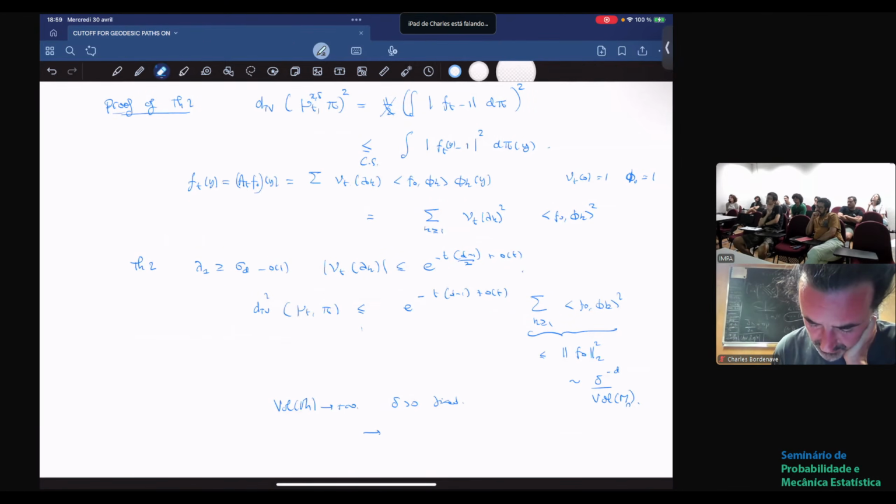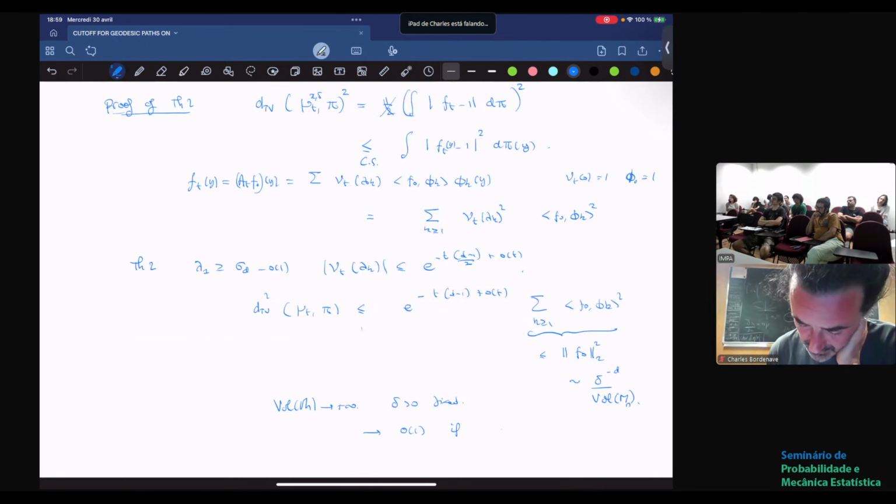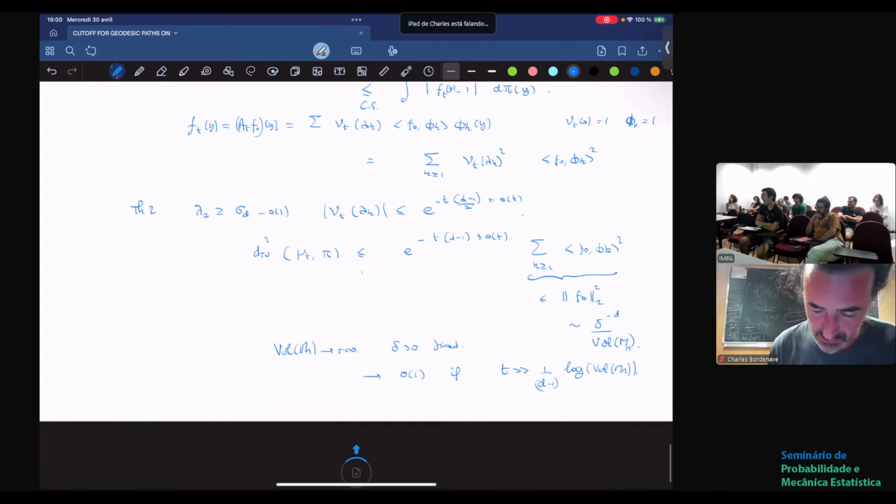Oh no, it will be a little o of 1 if t is much larger than 1 over d minus 1 times the log of the volume, which I called. Okay, so this is the essence of the proof of theorem 2.